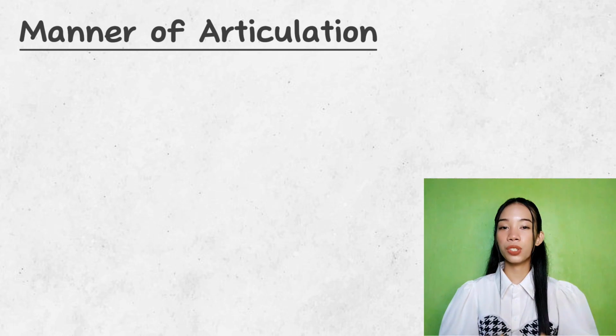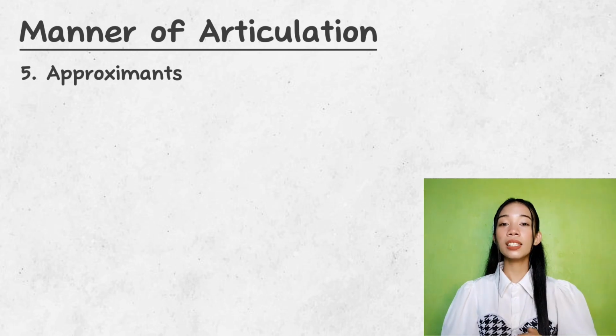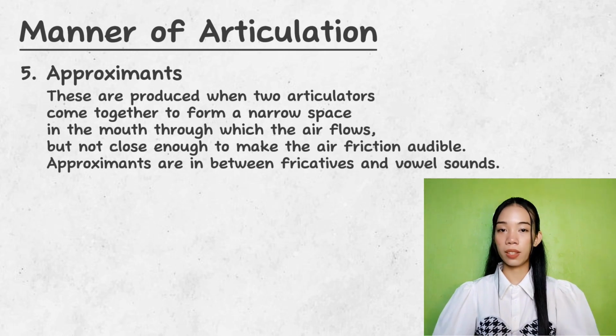Next, we have an interesting group. Number 5 is the group of approximants. Now, it's not a huge group, but the sounds that belong to this group still vary a little bit. So how are they formed? Approximants are formed when two articulators come together to form a narrow space in the mouth. And again, the air flows through it.